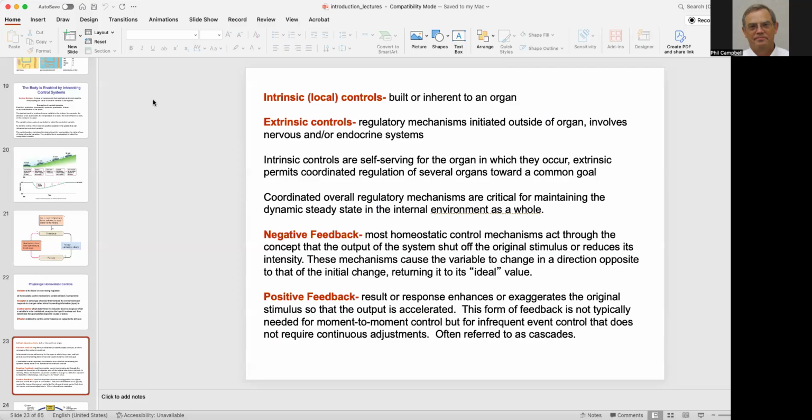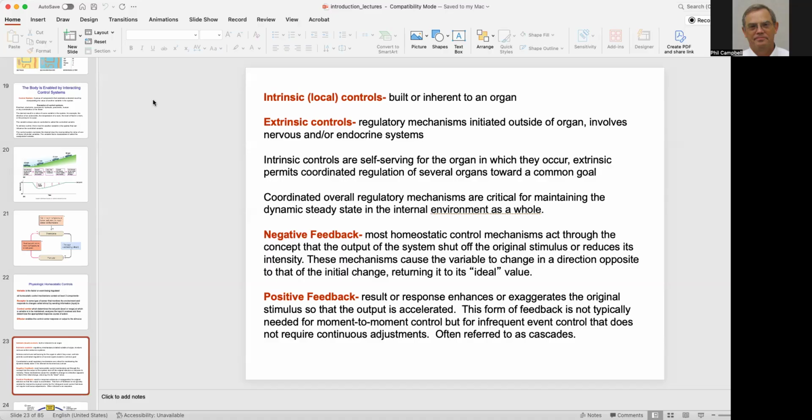So if a control system, 100%, that's all the aspects of the control system, the variable, this control center, the effector, if everything is contained within that organ, its measured changes are explicitly limited to that organ, that is called an intrinsic control or local control. If any element of that control system is something outside of that organ, we call that an extrinsic control.